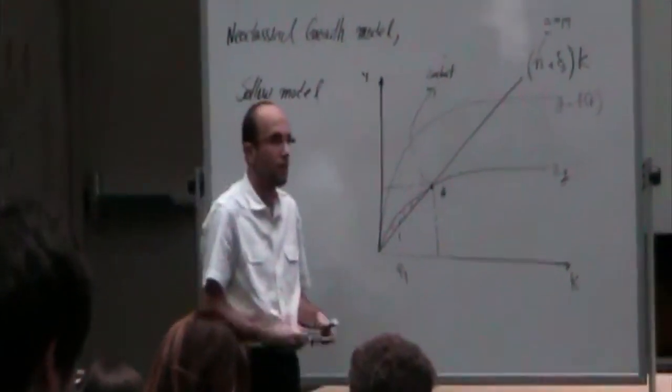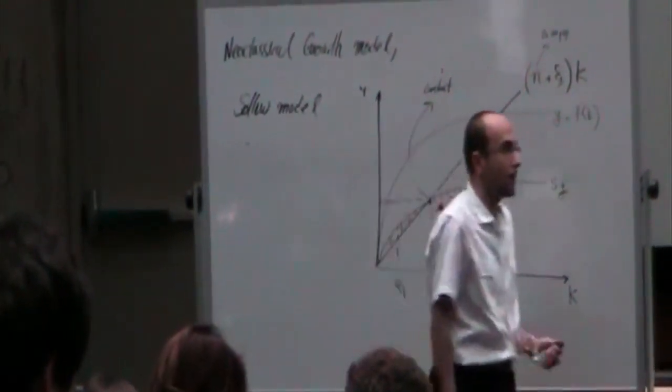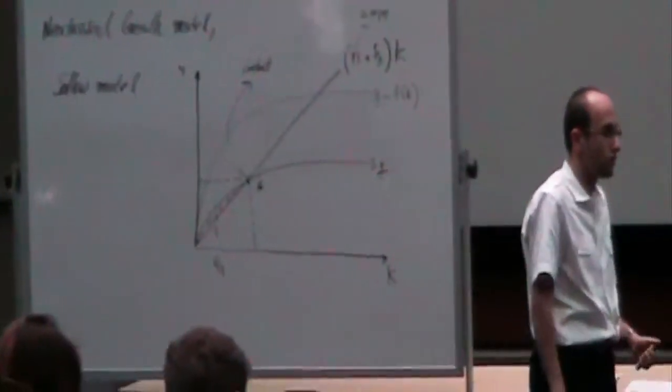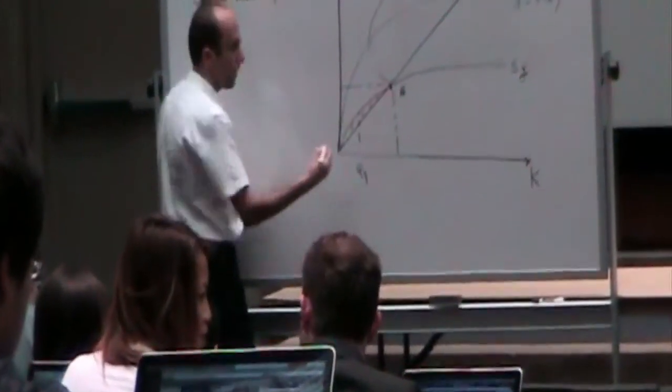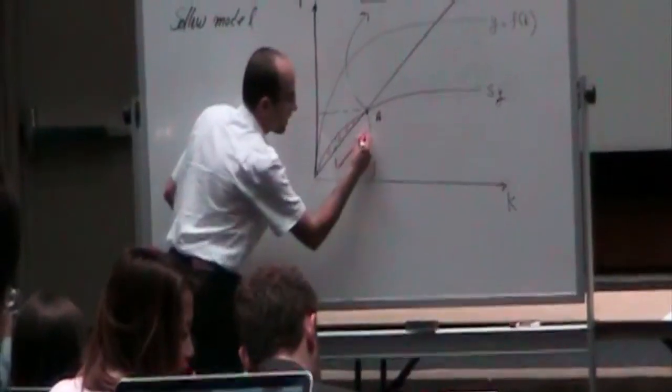This saving is the saving in the economy, like running on a budget surplus, for example. So until this point, there will be a trend for the economy to push towards point A.